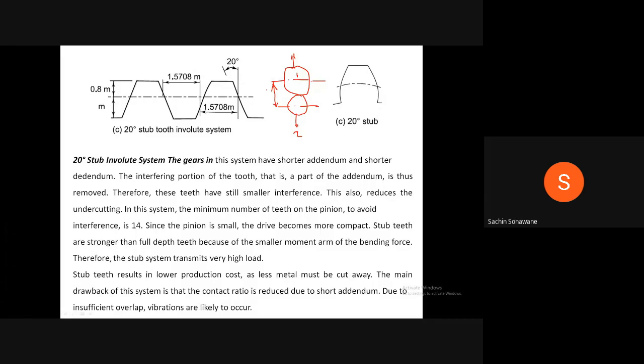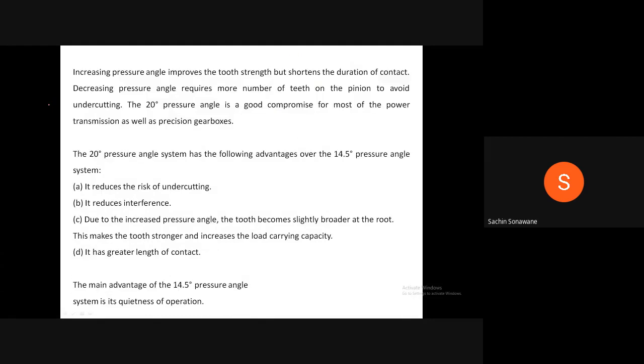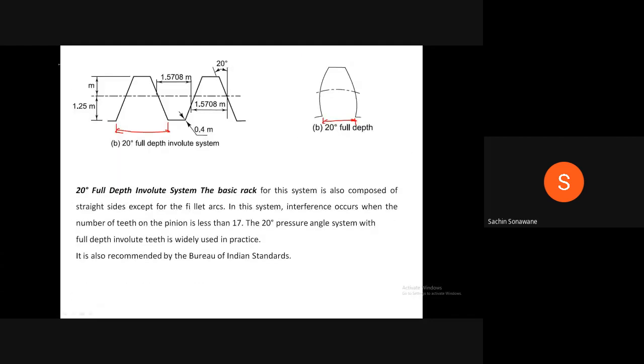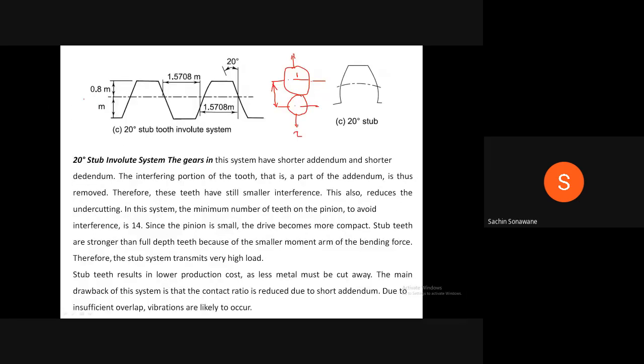Another measure to avoid the interference is we can reduce the height of the addendum. What is the earlier height of the addendum? In case of 20-degree full depth, it is 1 times module. How do we reduce the height of the addendum? We have to use the gear grinding process. We grind the teeth of the gear so that the height of the addendum is reduced, up to 0.8 times module.